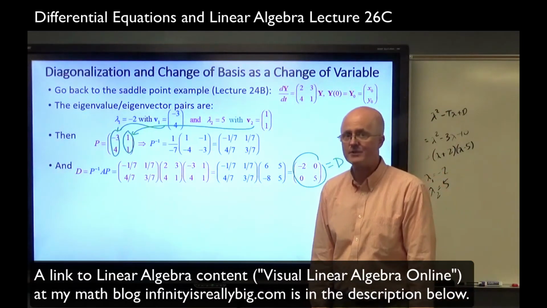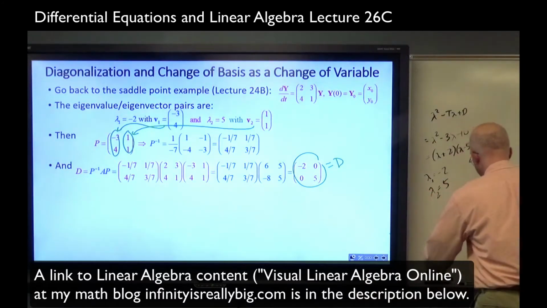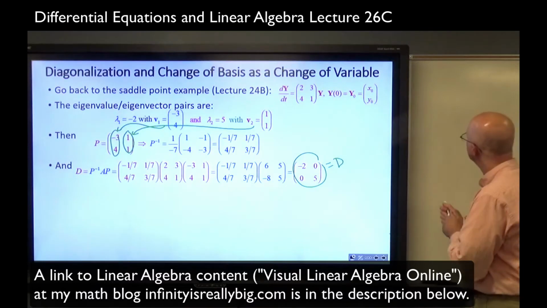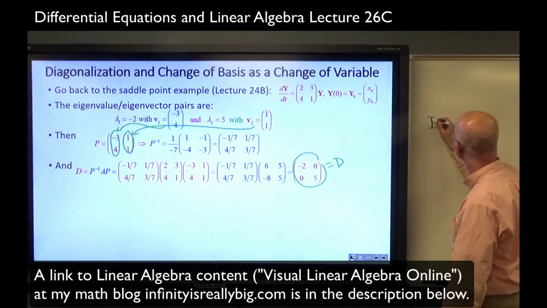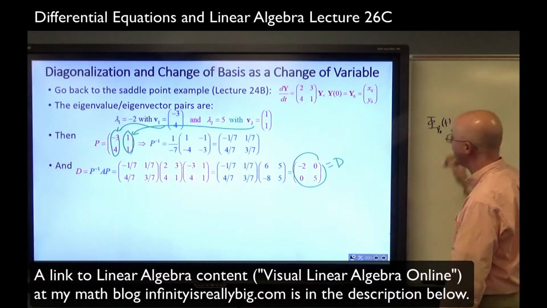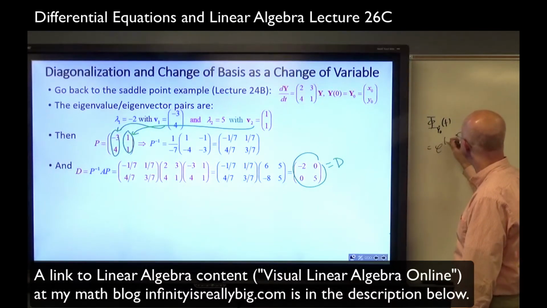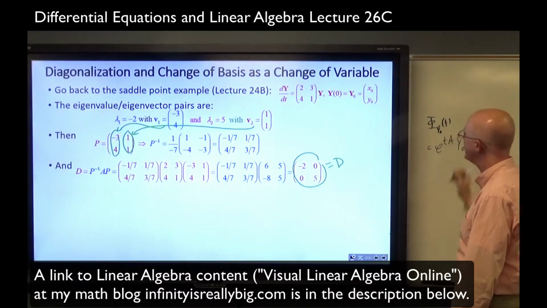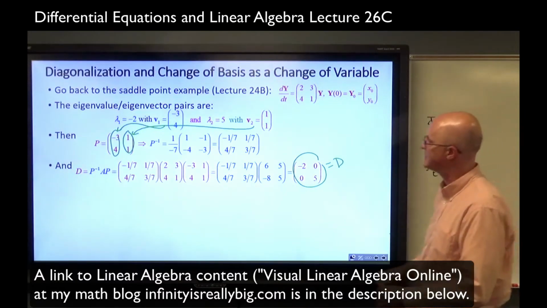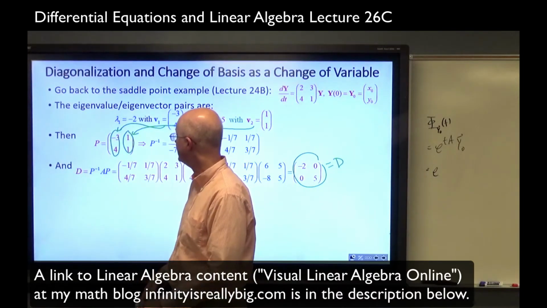How is this relevant for solving differential equations? One way we saw it was relevant is with regard to the matrix exponential. We saw that our solution function with initial condition y0 is y of t equals e to the tA times y0, by the beautiful generalization that I talked about a lot, where A is this matrix here. But A can be replaced, if you solve this equation for A, by left multiplication of P and right multiplication of P inverse.